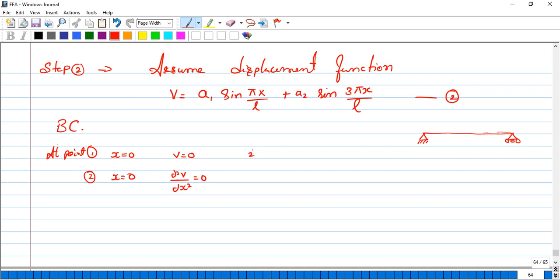At the second point, when x is equal to L, we have vertical displacement v is equal to 0 because it is a roller support, meaning in one direction there will be no deformation. And the fourth one, when x is equal to L, d squared v by dx squared is 0. So the first two are at the fixed end and the last two are at the roller.